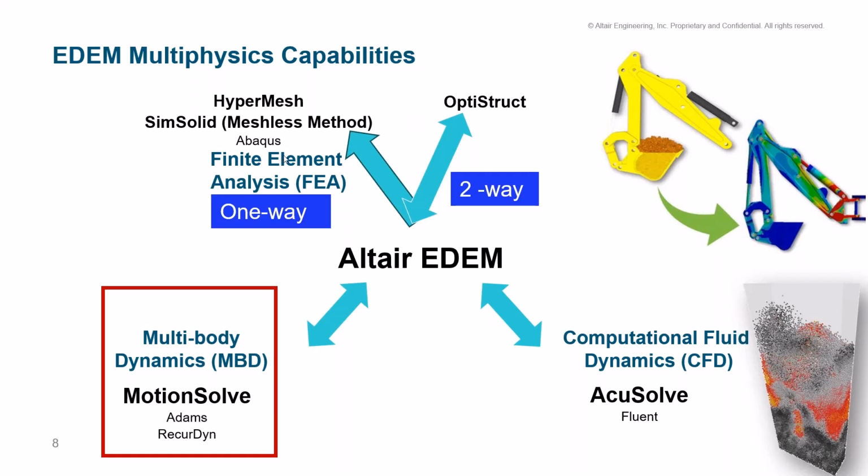These will be applied in an FEA solver called OptiStruct, or in HyperMesh, or in SimSolid to assess the structural strength of the components. In the other way, we have even recently released a two-way coupled approach where EDEM and OptiStruct will be coupled in a two-way, meaning the load will be transferred from EDEM to OptiStruct, and then OptiStruct will be performing the structural strength analysis.